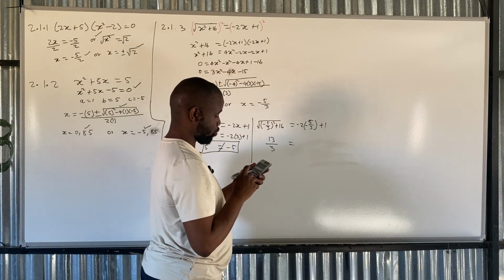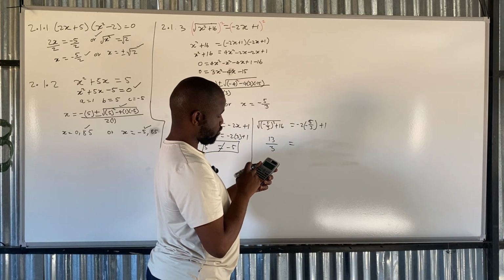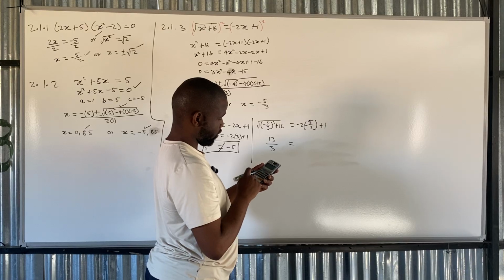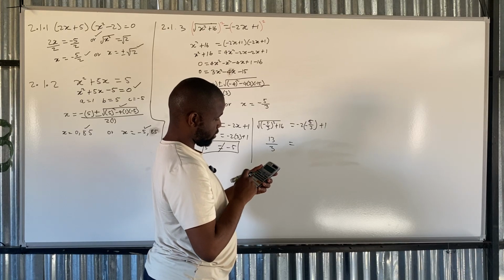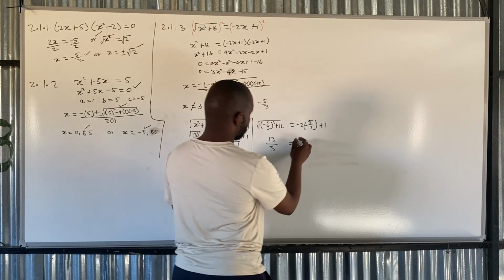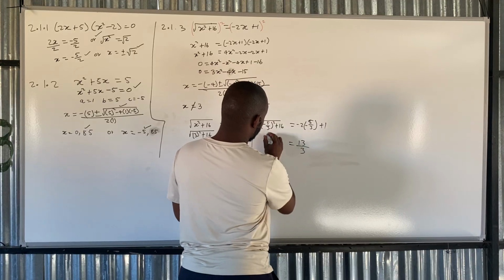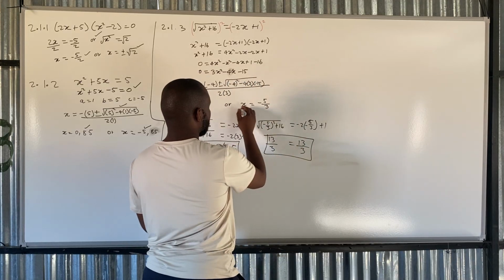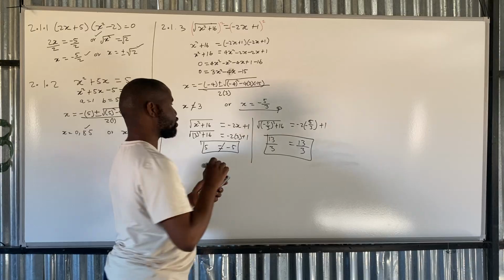Then let's check that one. Negative 2 into negative 5 over 3 plus 1 gives me 13 over 3. So basically, this one is a solution, this one is not a solution.